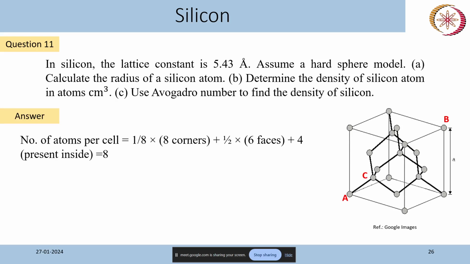This is correct. And then the atomic concentration will be 8 by a cube. So then n should be 5 into 10 to the power 22 per centimeter cube.